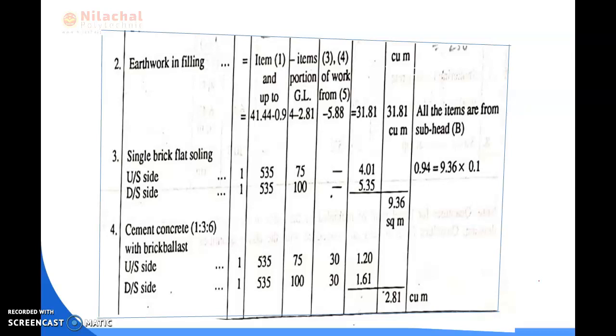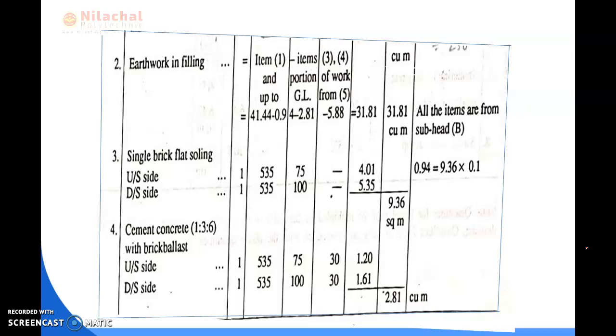We consider item number 3 and 4 because they are the portions constructed on the excavation part. After the construction of the single brick flat swelling and the cement concrete part, we go through the construction of the filling part of the excavation.